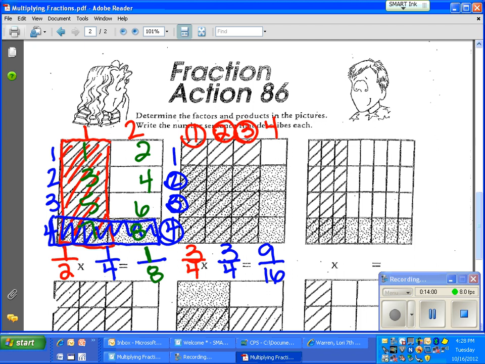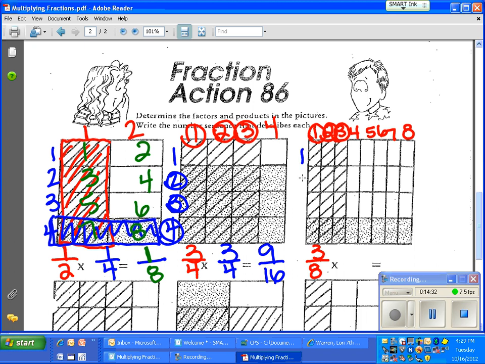Okay, so let's do one more together so we can make sure that we don't have any questions. What's the first thing we're going to do? Number the columns. So we have 1, 2, 3, 4, 5, 6, 7, 8 columns. Okay, out of those 8 columns, 1, 2, 3 are shaded. Now let's look at the rows.